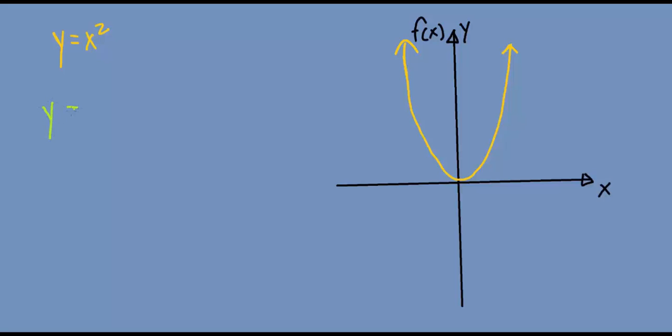Let's say we wanted to add a 3 in here before you squared it, and then over here we wanted to subtract a 2. Well, as you might guess, if you did a table of values and started putting in numbers and getting outputs, you would see something that had been, remember, shifted down 2.